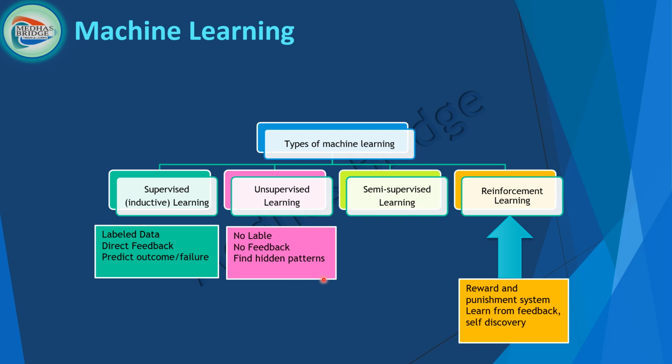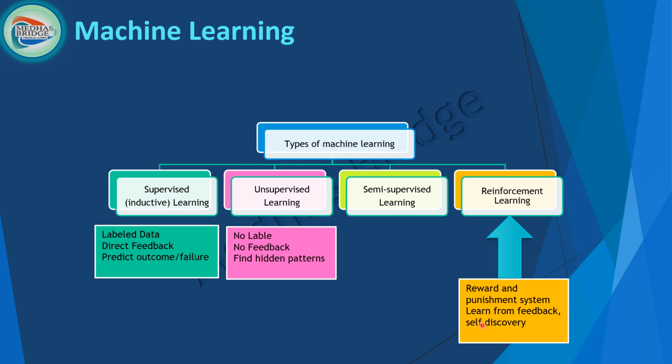Now we are looking at an altogether different learning, which is known as reinforcement learning. In a nutshell, what we can call it is a reward and punishment system, meaning learn from the feedback, self-discovery, and learn from your own experience. This is how you would infer reinforcement learning.